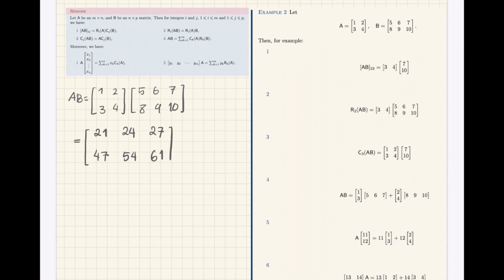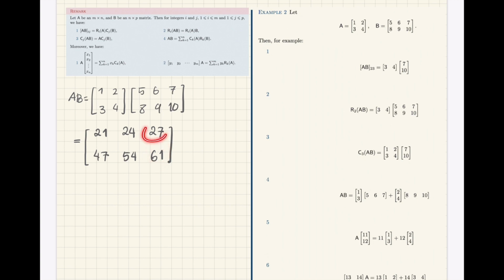Yes, so this is the full product. Now if I ask you what is the entry on the second row and third column, you get 61.